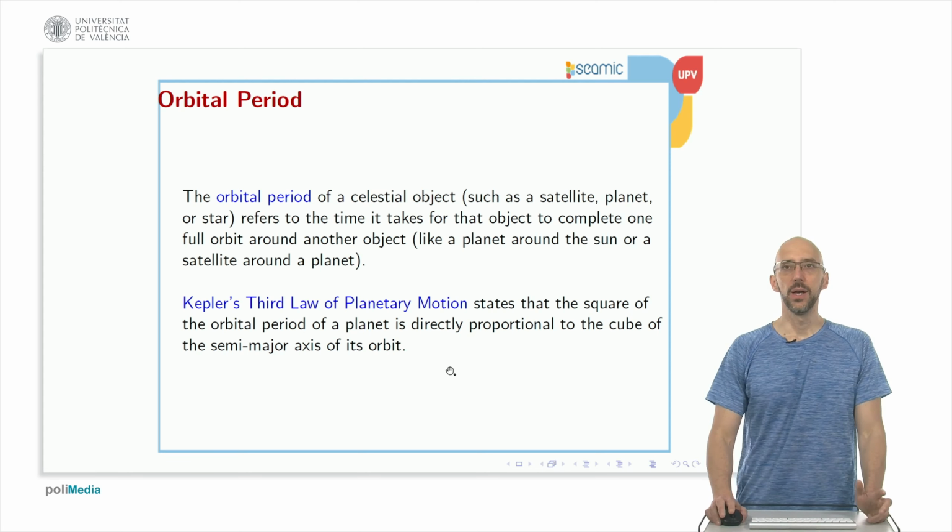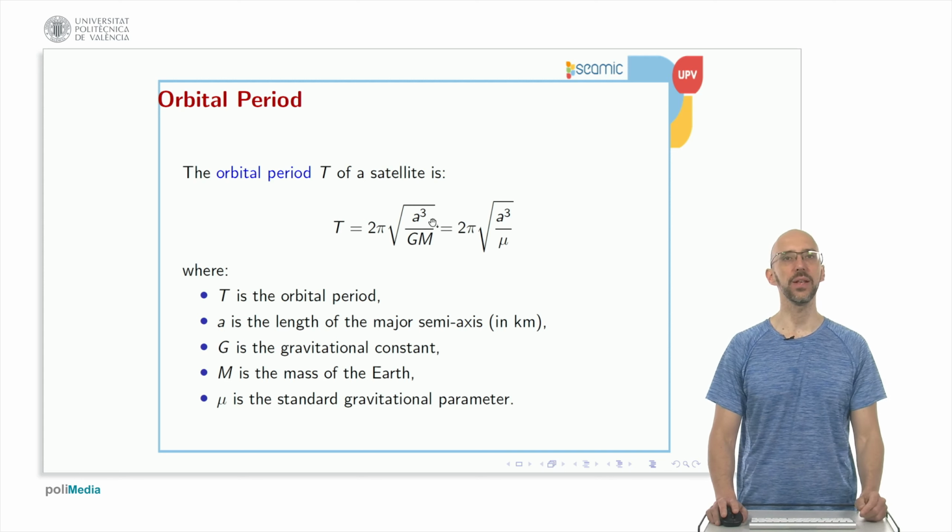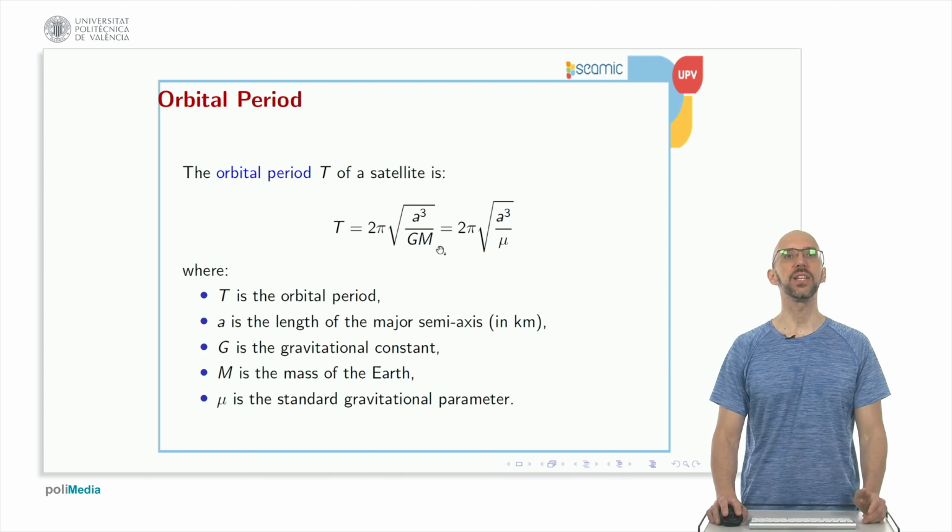Translating Kepler's third law into formulas, we have this one. The orbital period, which we are going to call T, or P, depending on the book, is defined as 2 times pi times the square root of a cubed, where a is the major semi-axis, divided by GM. What is GM? G is the gravitational constant and M is the mass of the Earth.